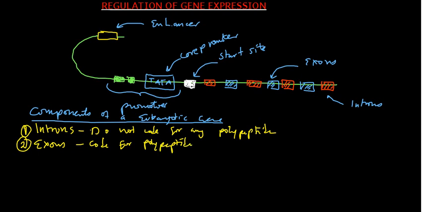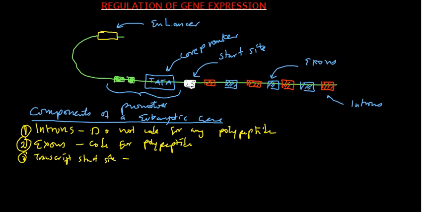The other thing that we can see is a transcript start site. So we have the transcript start site, which we can see there. Now, the function of this start site: this is the location along the DNA where RNA polymerase 2 binds.